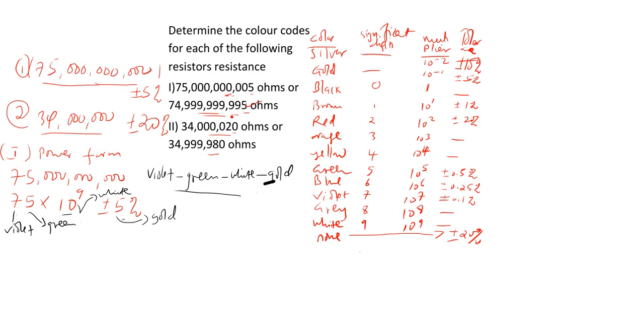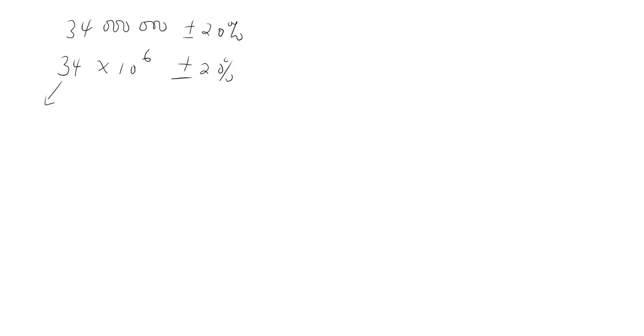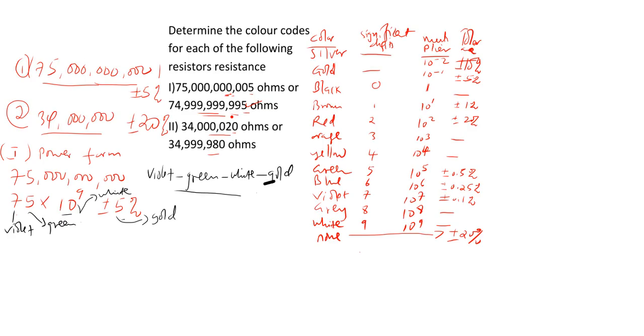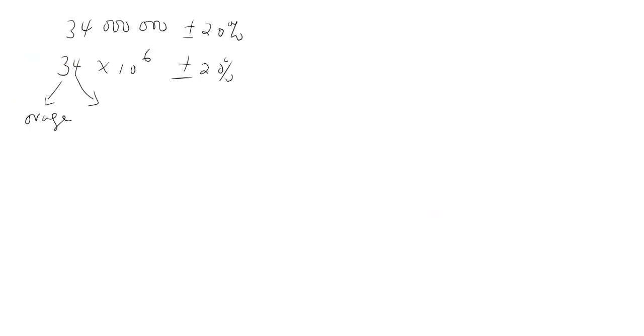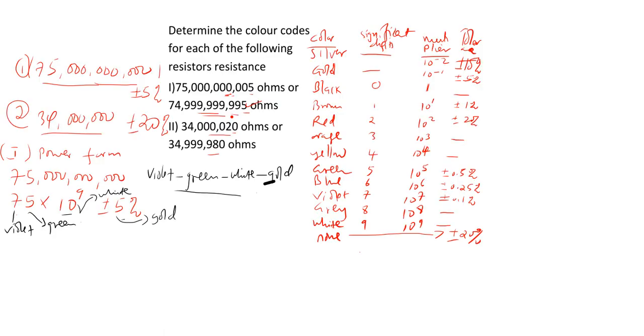First digit represents 3 and the 3 is orange. So the first one is orange. Second one is 4 and the 4 is yellow. So we have yellow. The third one is a multiplier of 6 and multiplier of 6 is blue.